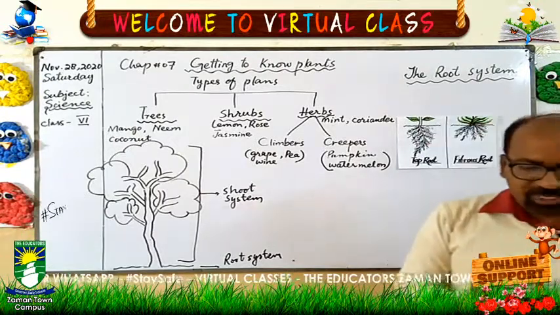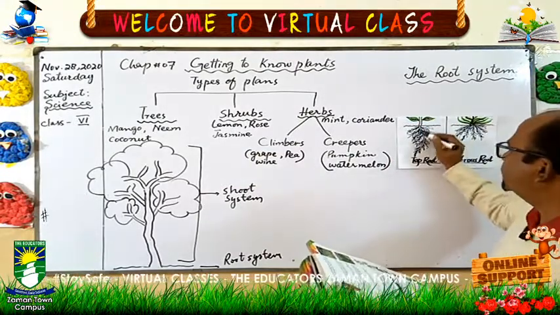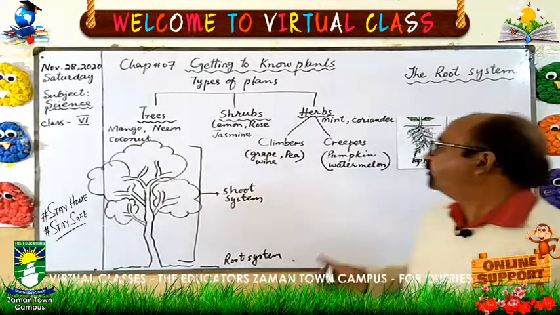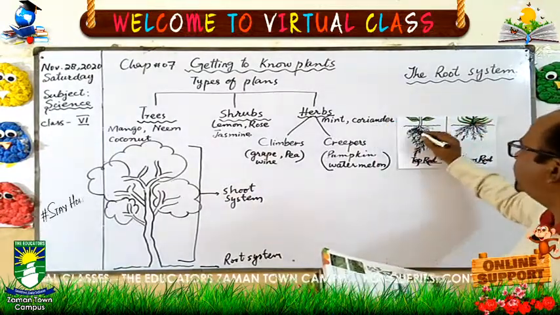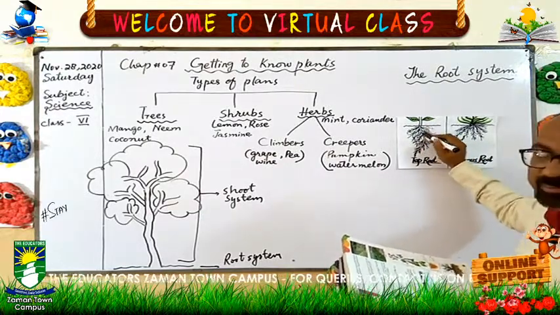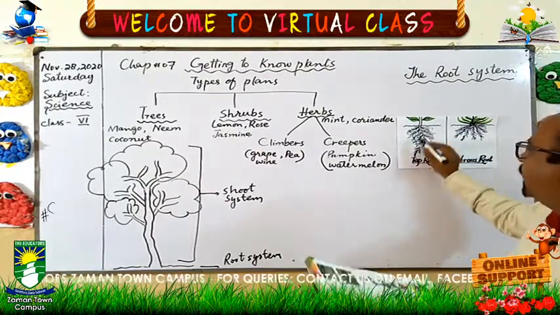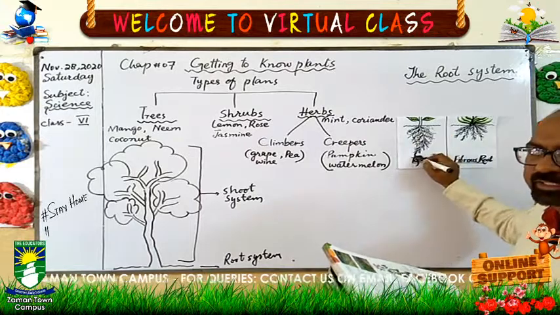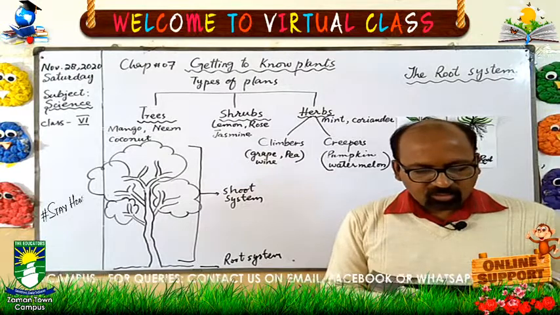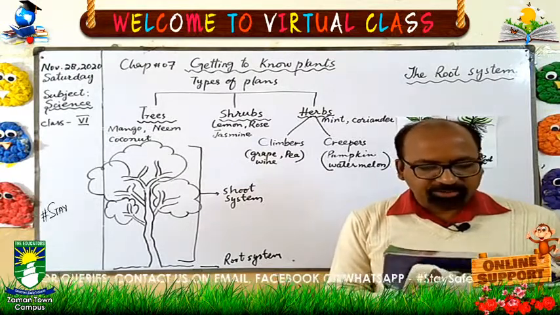A number of tiny branches grow from the main root. This is the main root, and these are the branched roots, also called secondary roots. The main root is called the primary root, and the smaller roots attached to it are called secondary roots.